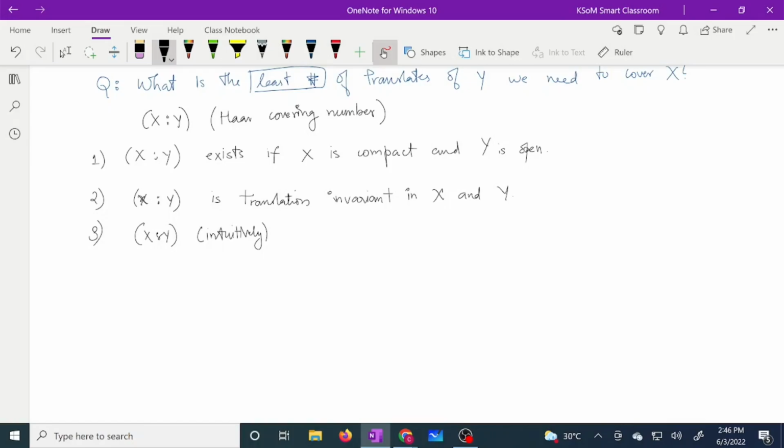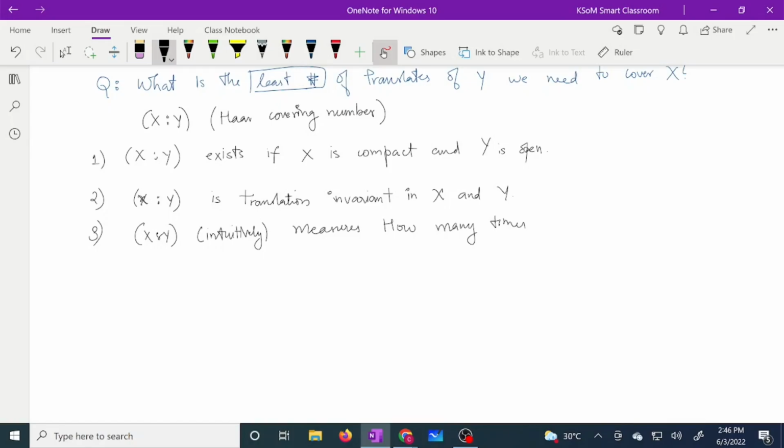Okay. So this number intuitively measures how many times what is larger than what?